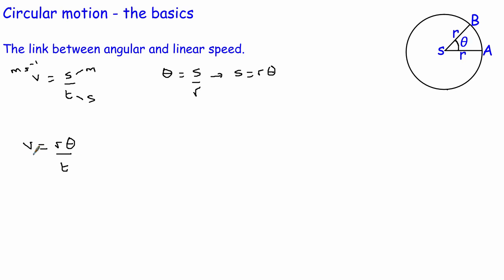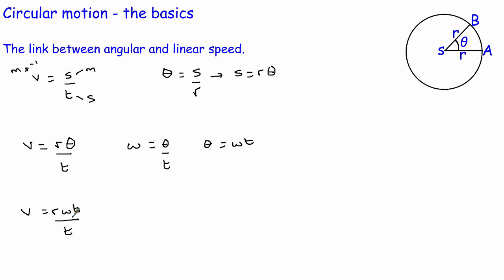It's still not given us a link between the linear speed and the angular speed, because the angular speed is not in here, but we do know that the angular speed is theta over t. Now I've got a theta in here, so I can say that theta is equal to omega t, and substitute that in. So the velocity equals the radius times theta, which is omega t, divided by t.